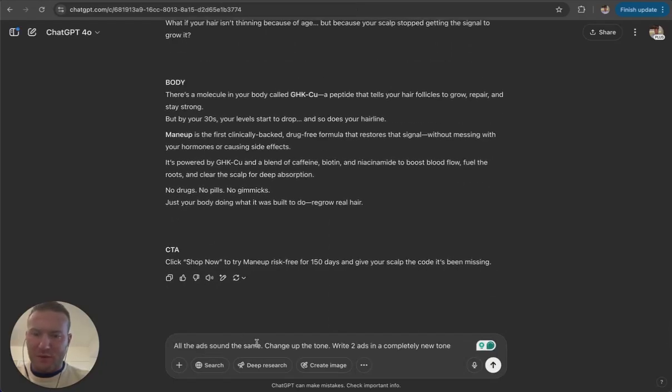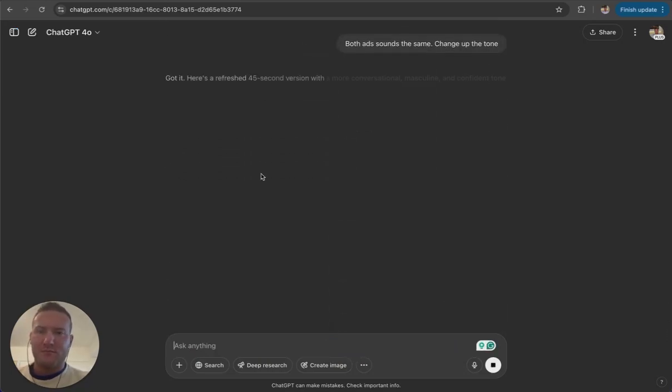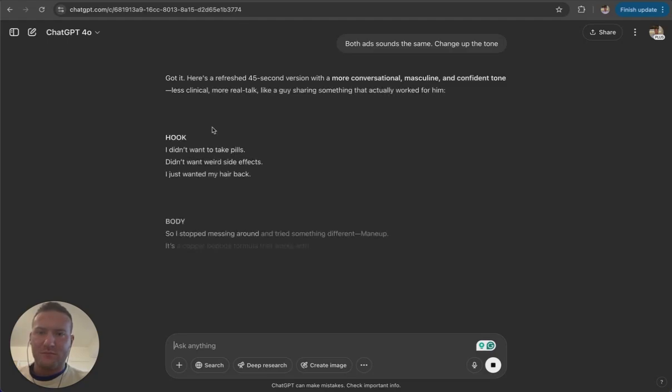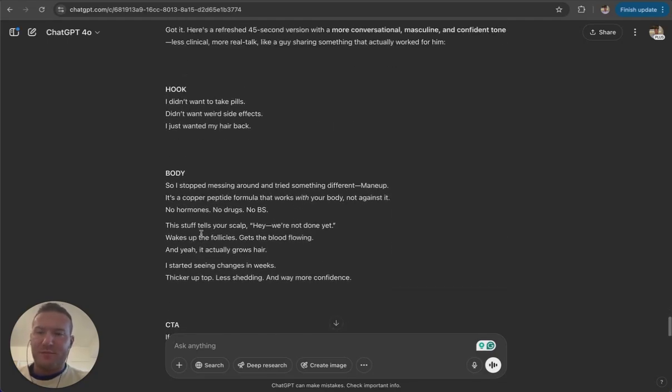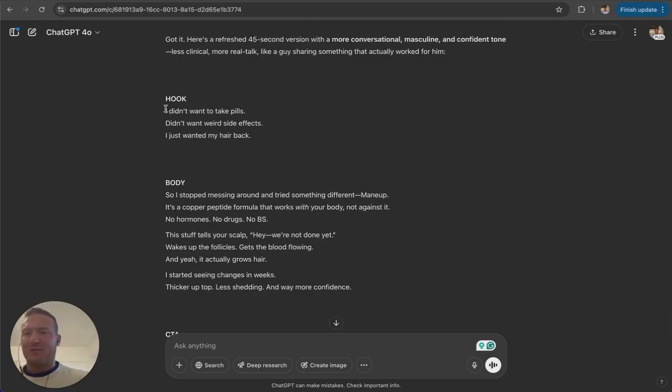Cool. Both ads are the same. Change up the tone. So this is different. This is now in like a first person.